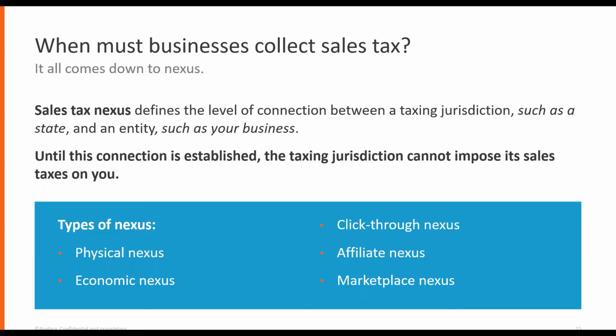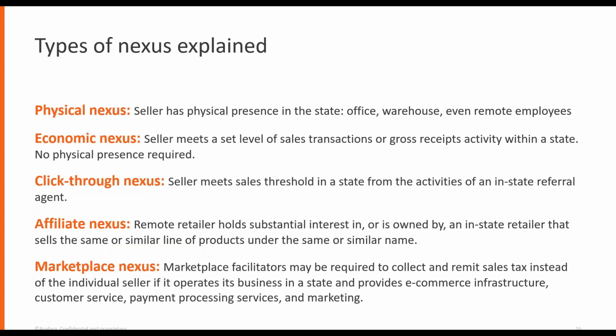And on top of this, there are different types of nexus. So of course, the physical nexus is pretty obvious. If you have a company that's in a state, that gives you that liability, and it's created that relationship between your organization and that state. But then there's other things: economic, click-through, affiliate. So let's walk through what each of those are and just define them.